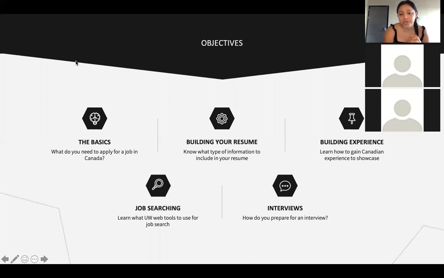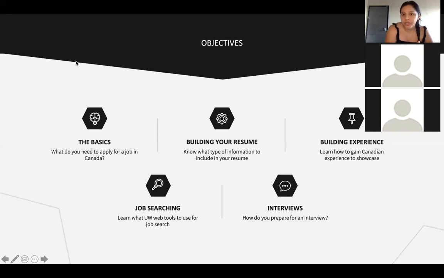Knowing what type of information you need to include in your resume, and how to do that in the best way possible. Building experience, so you're going to learn a little more about resources that will give you extra help building your skills here in Canada, and things that you can add to your resume or will be good to add to your resume, right?